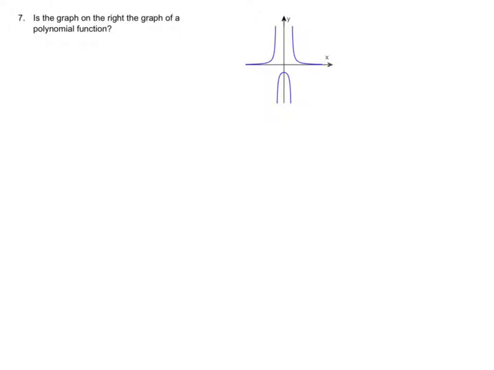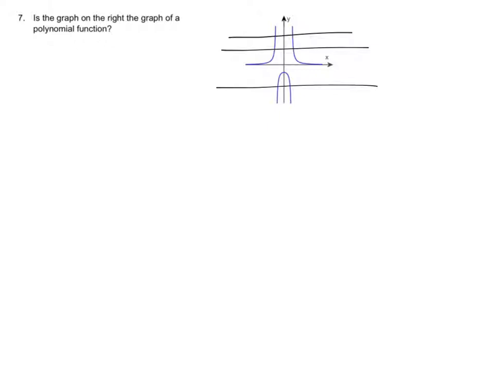Is the graph on the right the graph of a polynomial function? In order to tell if a graph is a polynomial function, we'll use the horizontal line test. To do that, we'll just draw horizontal lines on our graph. If the horizontal line touches in more than one place on the graph, then the function is not a polynomial function.